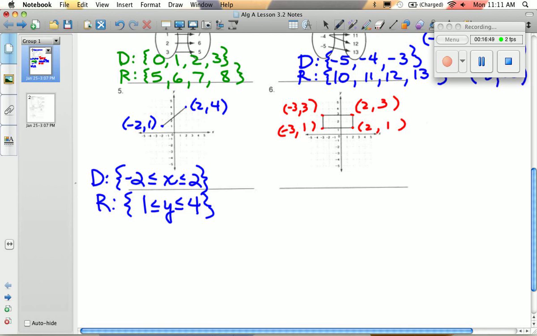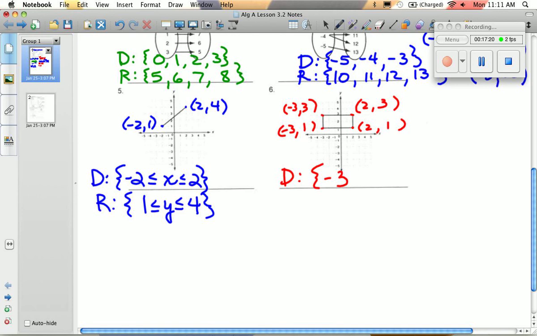Okay, so now we start with the domain. Domain is x's. Think this way, x's go from side to side. What are those side to sides? -3 to, I think I did this one, nope, not to +3.